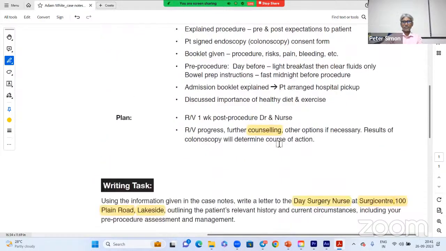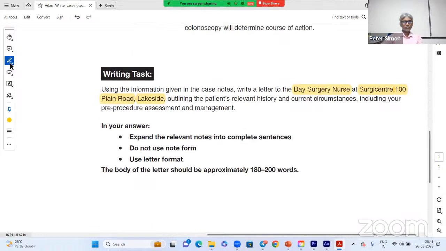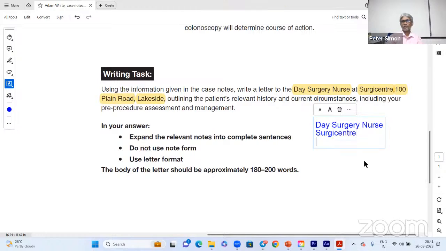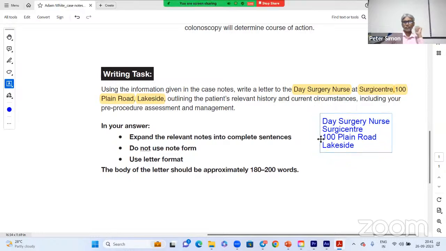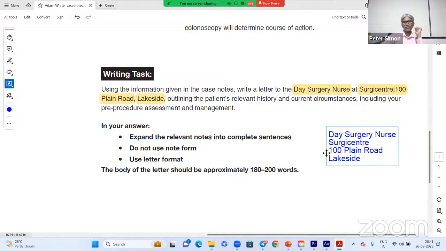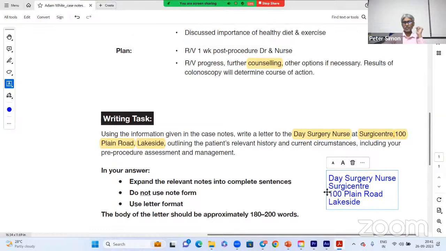Now first we'll take the address. Day surgery nurse, Surgery Center, 100 Plain Road, Lake Side. So that is done. This is the address. We got the address from here.